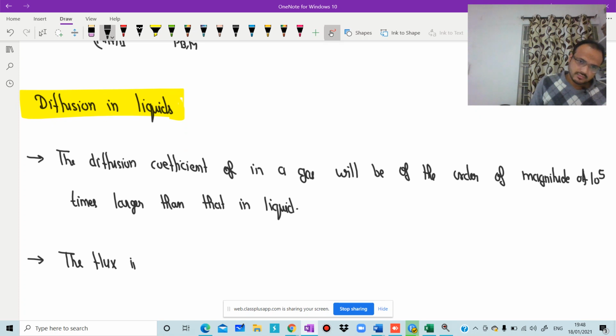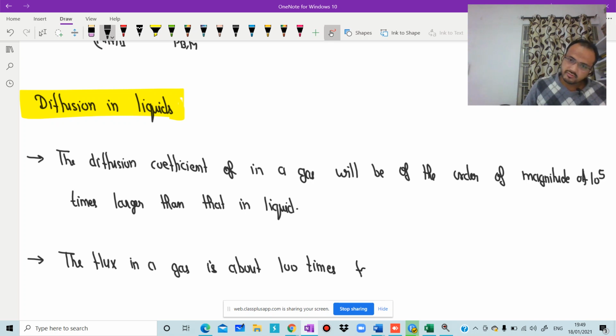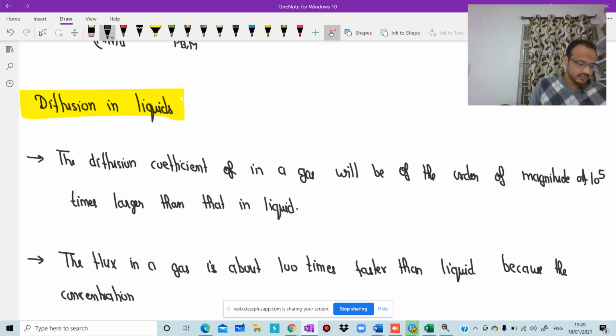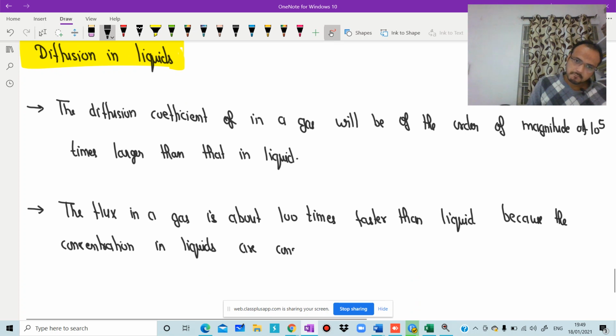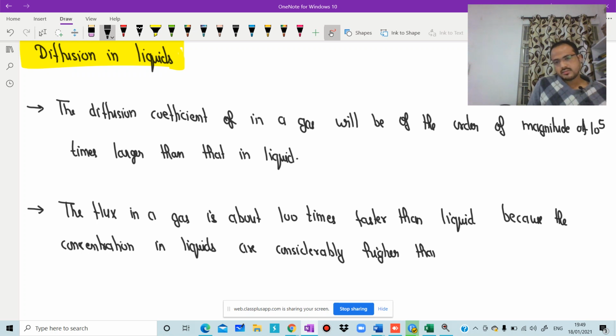The flux in a gas is about 100 times faster than in liquid, because the concentrations in liquids are considerably higher than in gases.